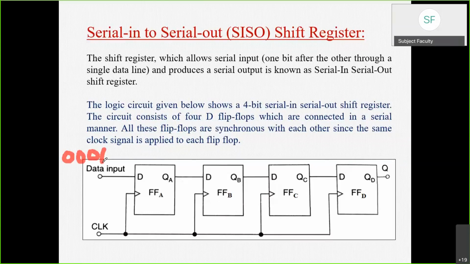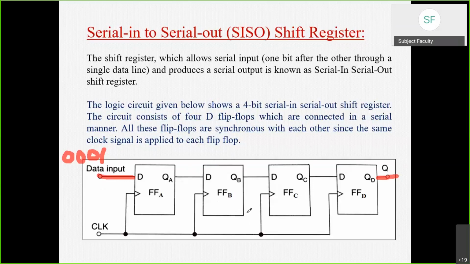So what is the function of a shift register? First, it will store the data, and second, it will transmit the data at the output. So now we know that the input of the first D flip-flop is the input of our SISO shift register, and the output of the last flip-flop is the output of our SISO shift register.